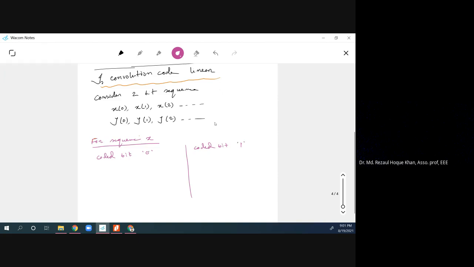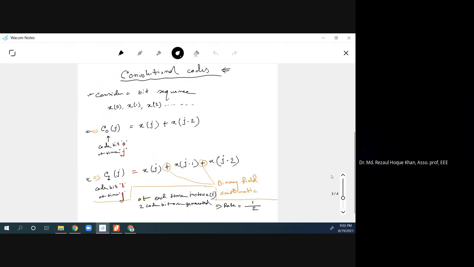So c0 of x at time j is xj plus xj minus 2. This is for 0, this is for 1.